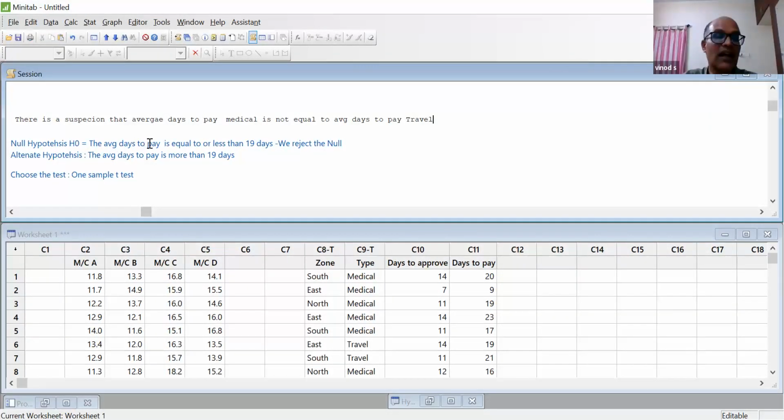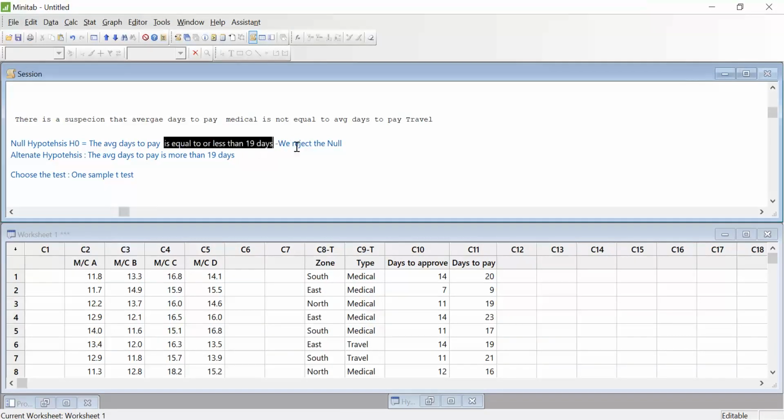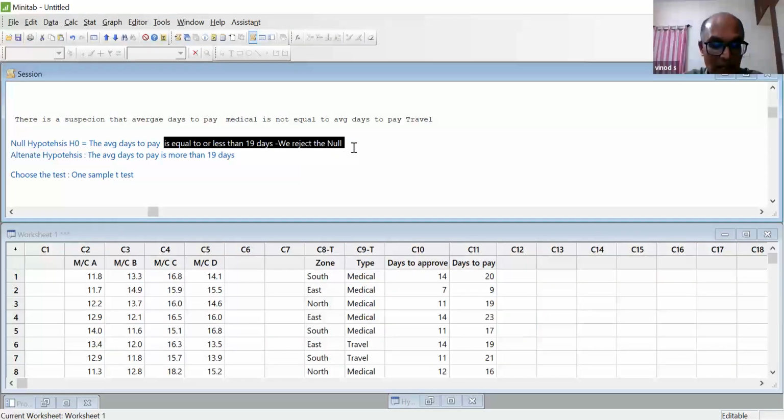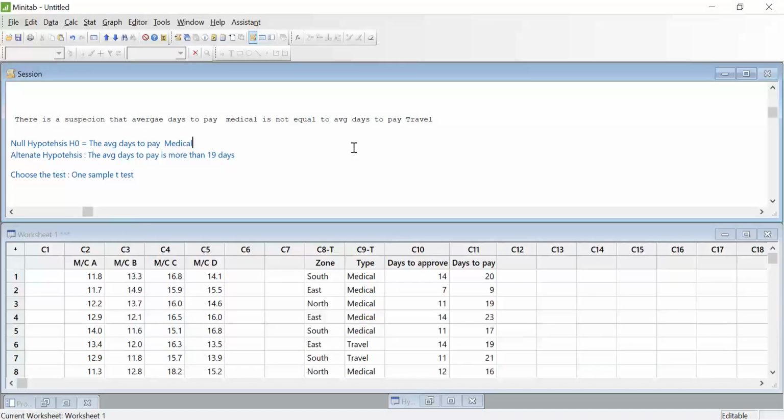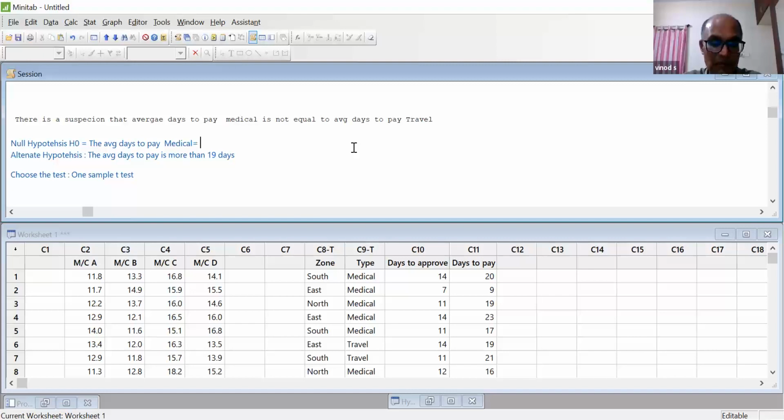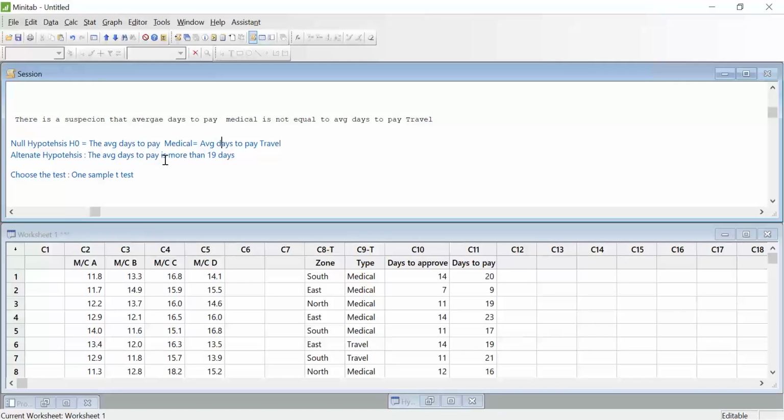So the null will be is equal: average days to pay medical is equal to average days to pay travel. Right. Now what is the alternate? They are not equal.